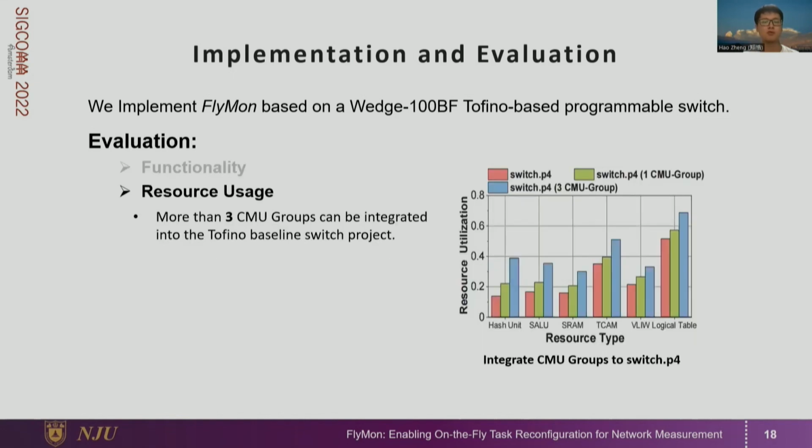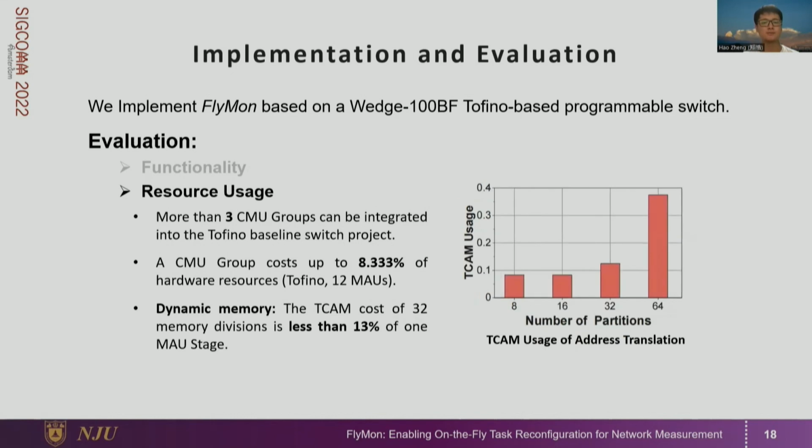We evaluate the resource usage of FlyMon by integrating CMU groups into Tofino's baseline switch project, switch.p4. We found more than 3 CMU groups can be integrated into switch.p4. We found the average resource overhead of one CMU group is less than 8.3%, and the hashing resources are the bottleneck.